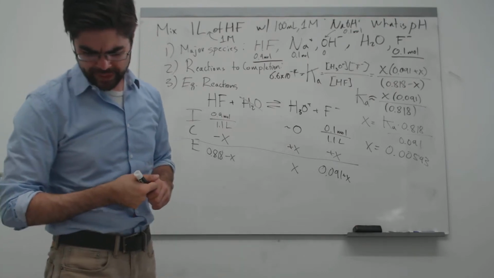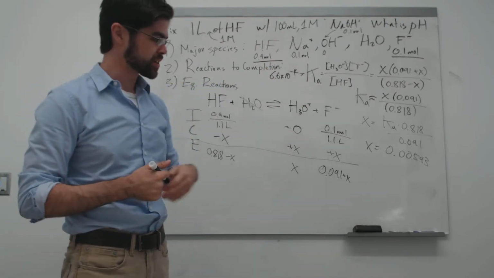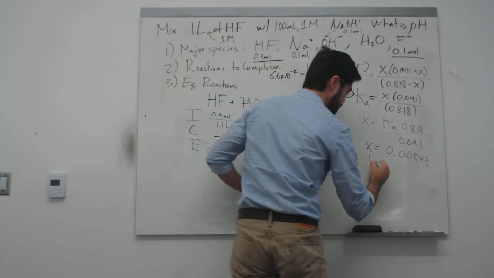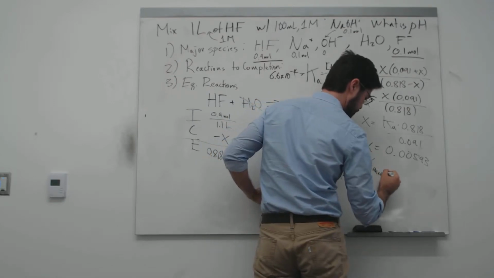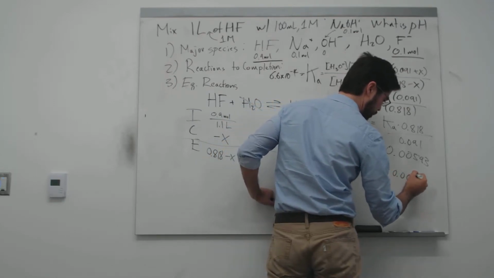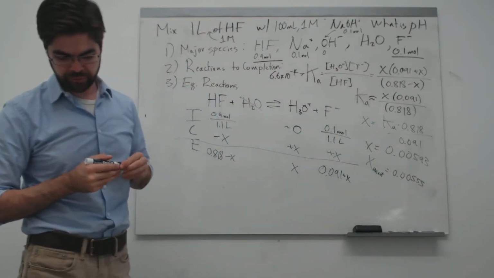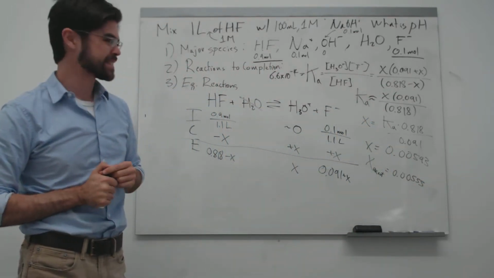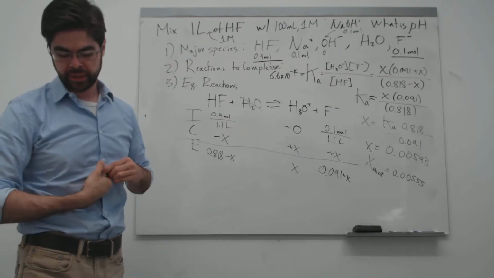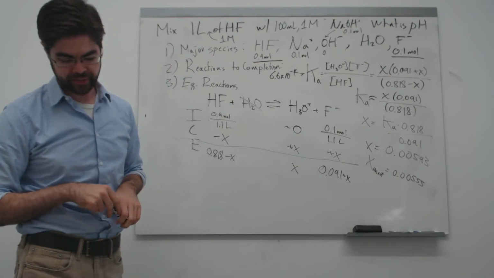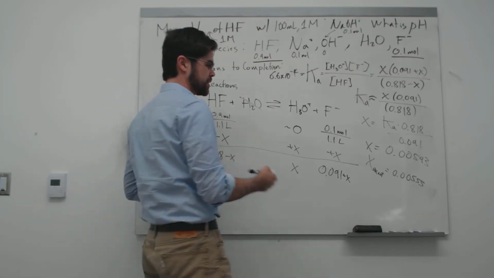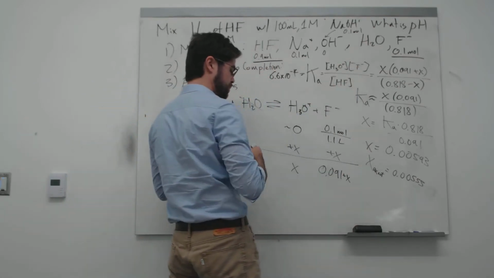The exact value, if you don't make that approximation, is 0.00555. So you are off by a few percentage points, but it's a reasonable error, and we'll just accept it. And then once you get this, you can plug this into the pH equation.